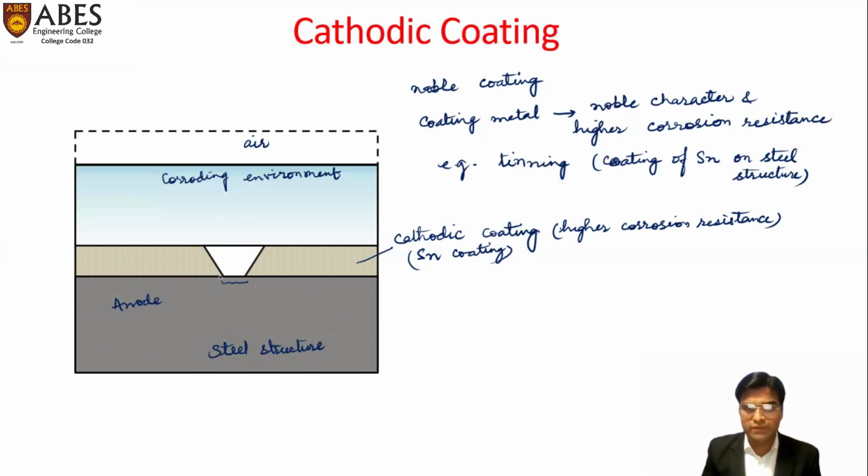And because only a very small portion of the anodic area is exposed to the corroding environment, the demand of the electrons has to be fulfilled only by this area. It means the corrosion here will be accelerated and it will lead to pitting corrosion. The iron here will convert to Fe2+ and electrons will be ejected and these electrons will move towards the cathode.